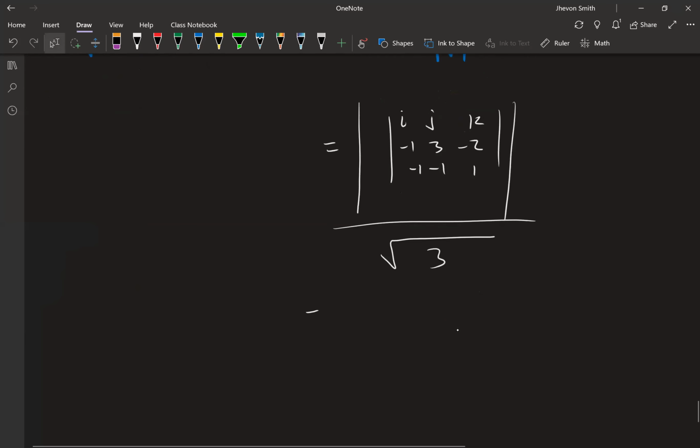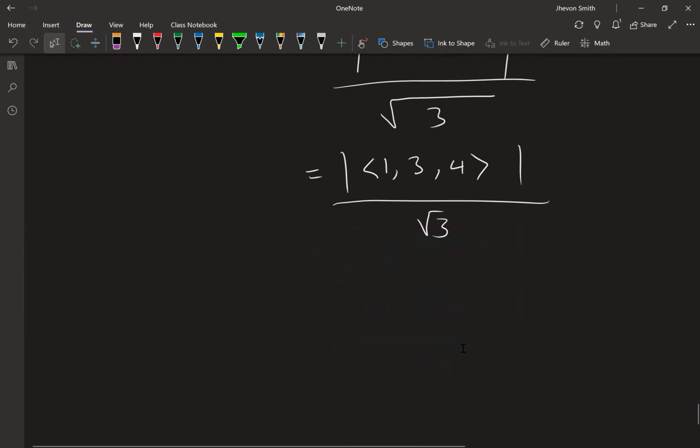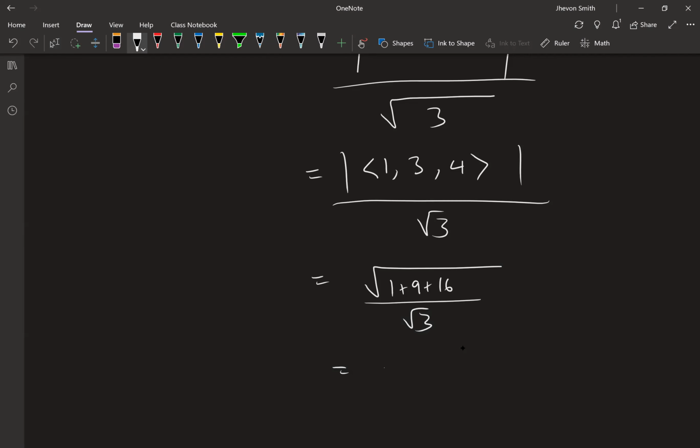And so that is going to be the magnitude of the vector 3 minus 2, minus 1 minus 2, minus 1 plus 3. So that's going to be the square root of 1 plus 9 plus 16 over the square root of 3. And so that's radical 26 over radical 3.